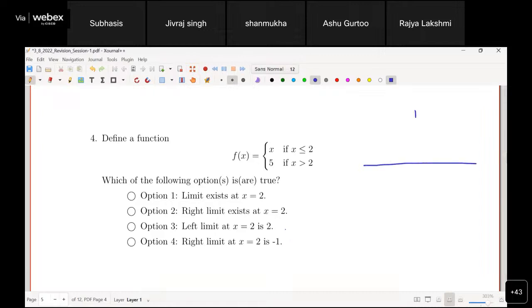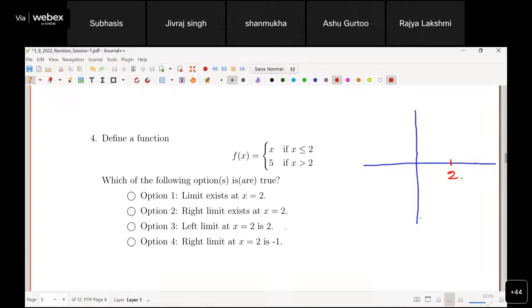It's saying if x is less than or equal to 2, let's say this point is my 2. If x is less than or equal to 2, what is the value of the function? This is x. So can you tell me what will be the graph of this function in this part?